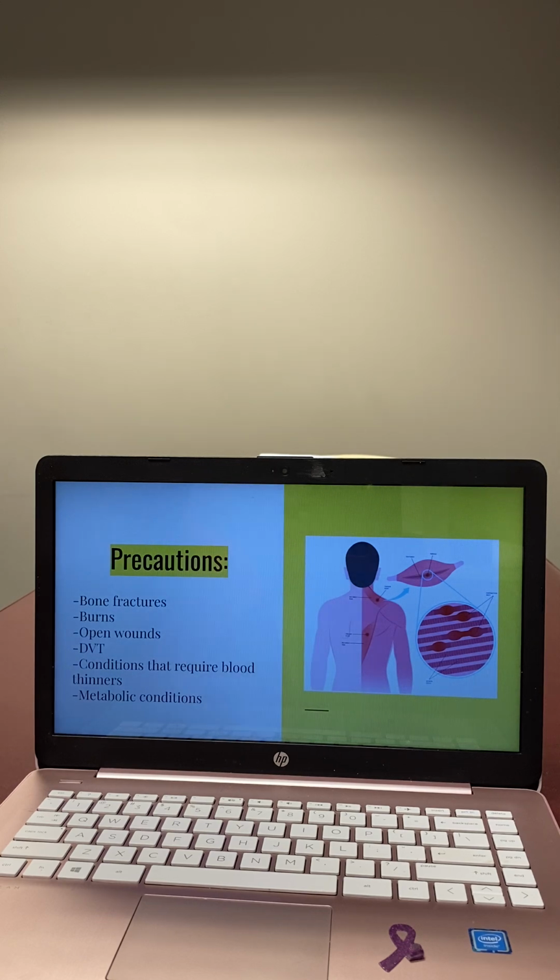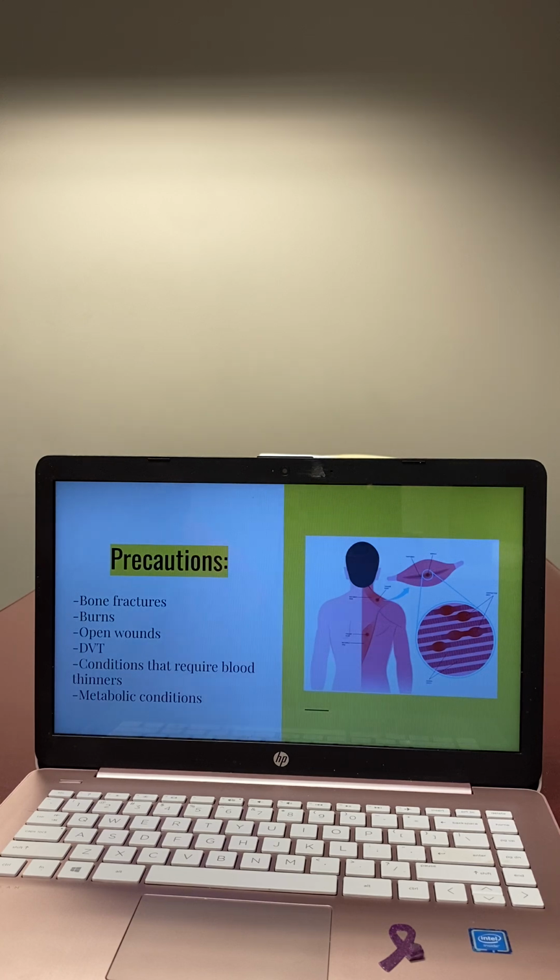So don't think, oh, this patient just had a fracture, I can't do it to their shoulder even though their fracture was in their leg. That's probably fine. It's just that if they had the fracture in their leg, you probably shouldn't do MFR in their leg. And then burns and open wounds. These ones are pretty self-explanatory as well.